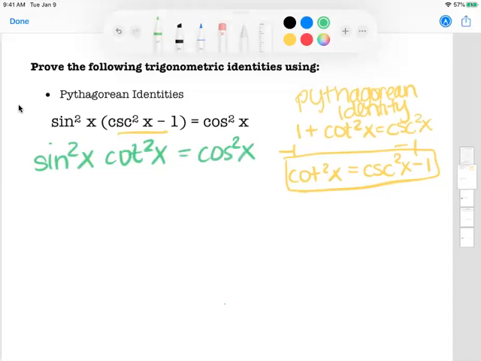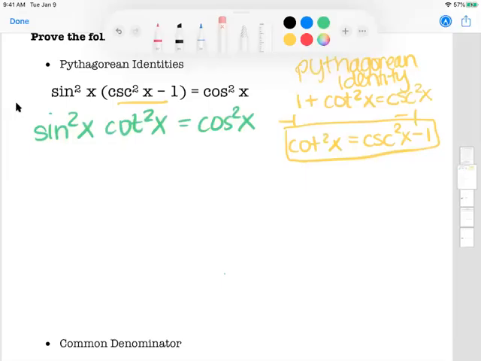All right, next step, I'm going to use my reciprocal identity. Actually, excuse me, my quotient identity. Okay, yes, so I'm just going to use my quotient identity.